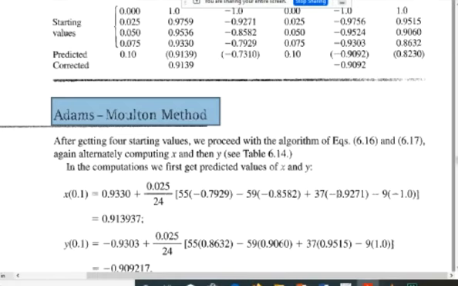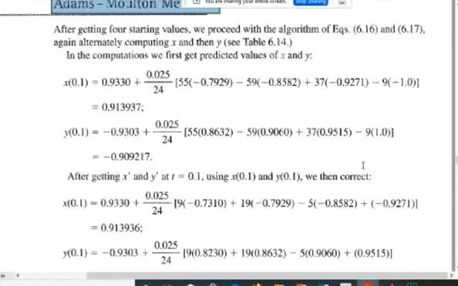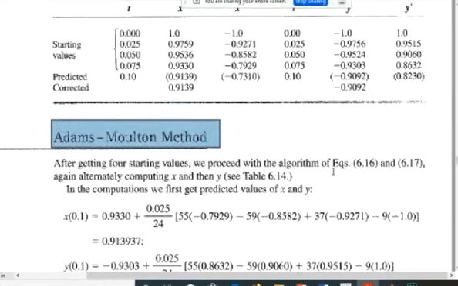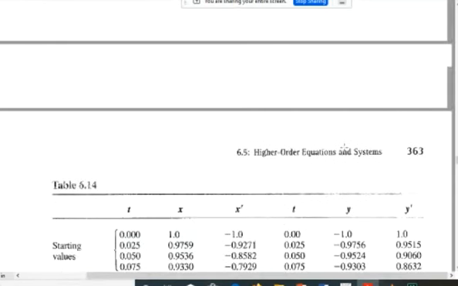After getting 4 starting values, for example, 0.1, 0.2, 0.3, and 0.4, we can proceed with the algorithms of Adams-Moulton methods and compute the values of x and y.